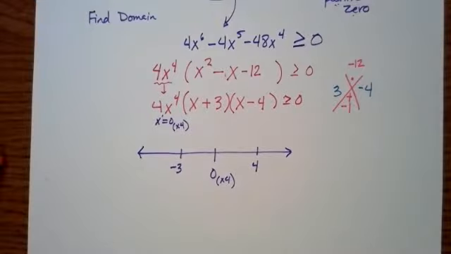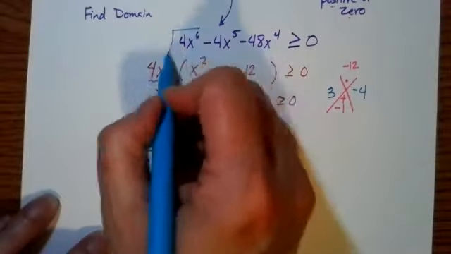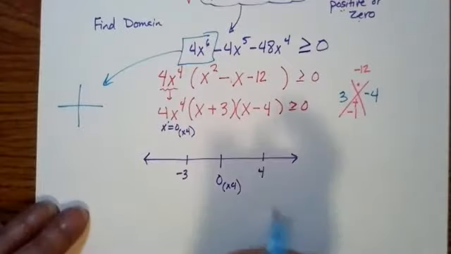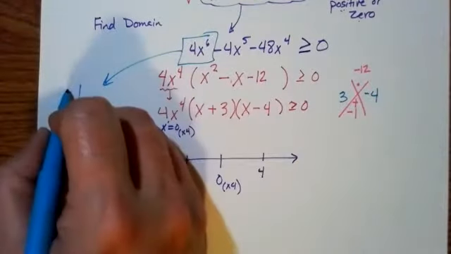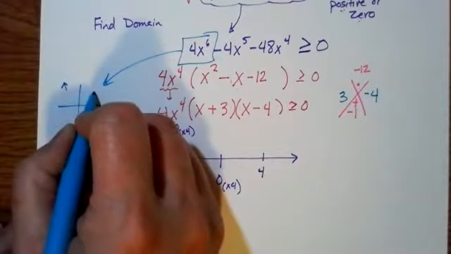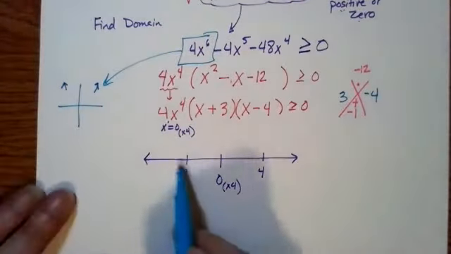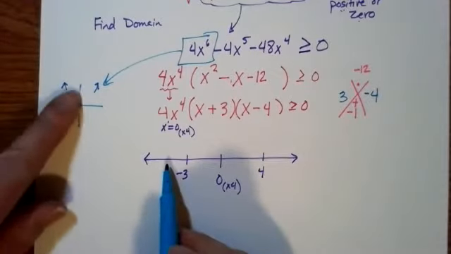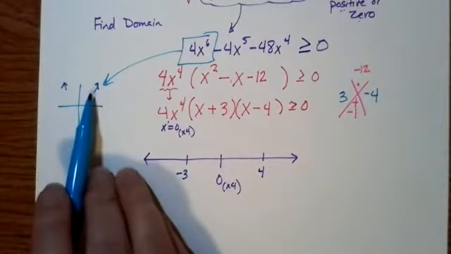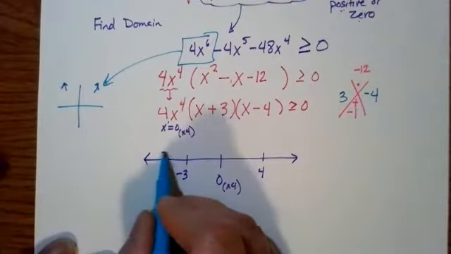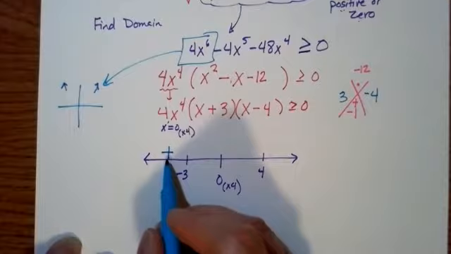Okay, how about the ends? Using 4x to the 6th as my lead term, what does that tell me about the ends? That's even, so they're going to be together, and positive means they're together up. So the left end is positive, and by the time we're done switching and switching, the right end better be positive at the end. So this is positive to start.